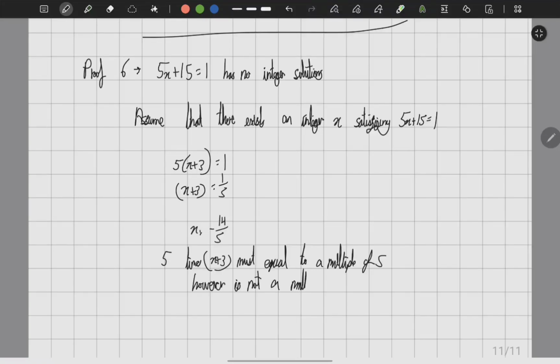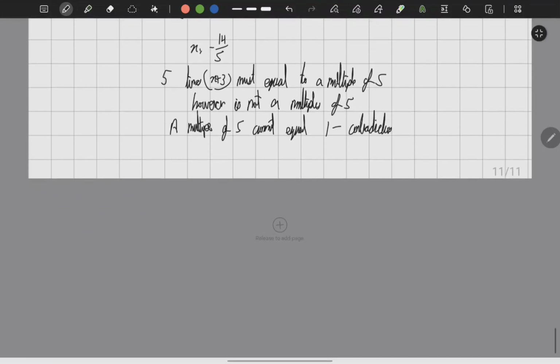So here we have our contradiction. So we just say a multiple of 5 cannot equal 1. So contradiction. Then we write our final statement.